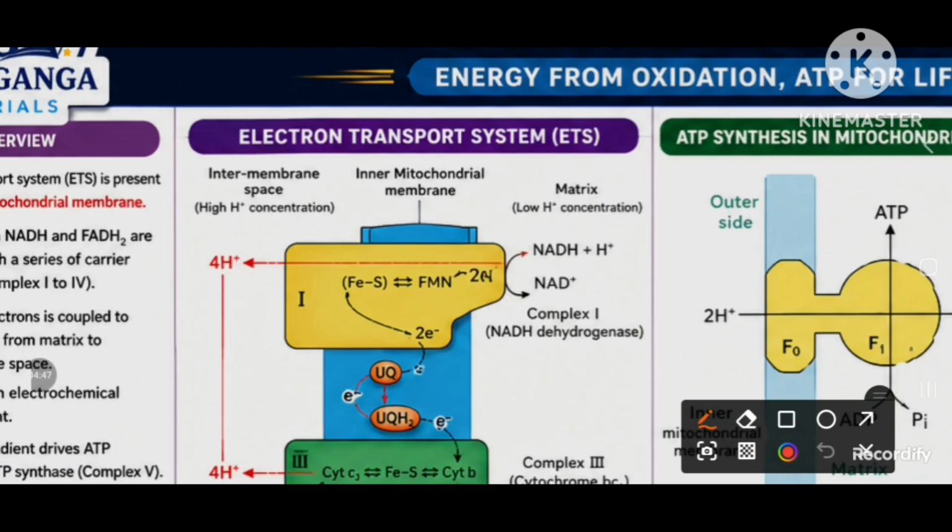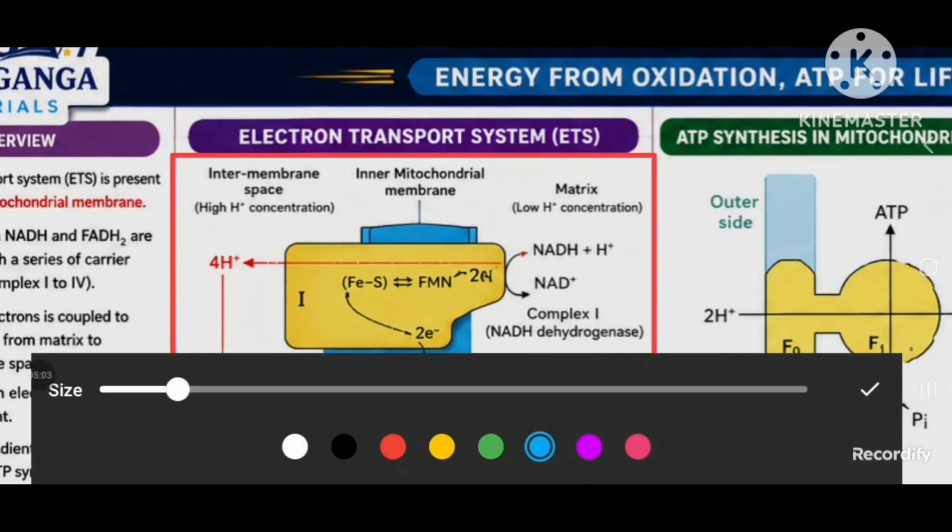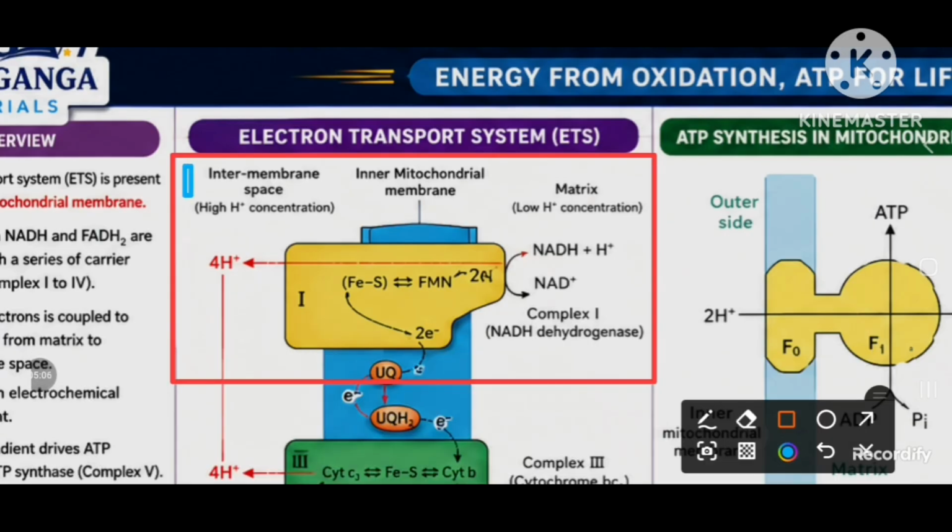Look at the arrangement in the mitochondria. Look at complex number 1, and the remaining complexes are arranged like this. Observe carefully. Here is the intermembrane space, and here the inner mitochondrial matrix.